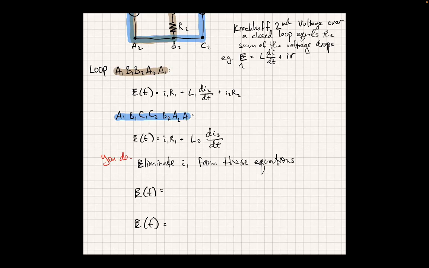So tell me again what you got. When I cancelled E(t) on both sides, I got L1 di2/dt. You forgot the I. Plus I2 R2, but you still have I1 R1 in there, you can't just get rid of it. All right, I'm going to tell you what I got, and you tell me if you agree.